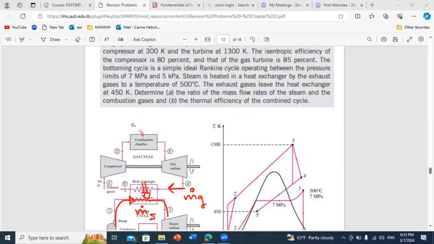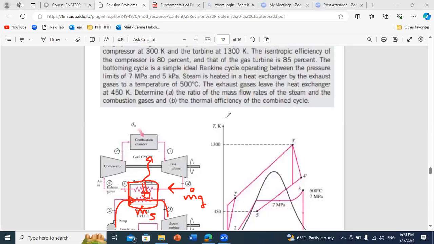Whenever we have such a question, we need to write the energy balance for the heat exchanger, because for this heat exchanger, we have exchange of heat between the two streams. If they don't tell you anything in the problem, you consider your heat exchanger ideal. It will not produce any losses to the surrounding.